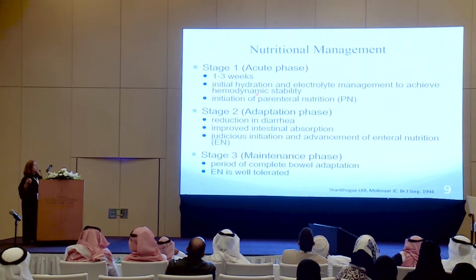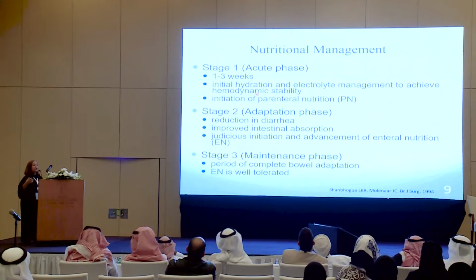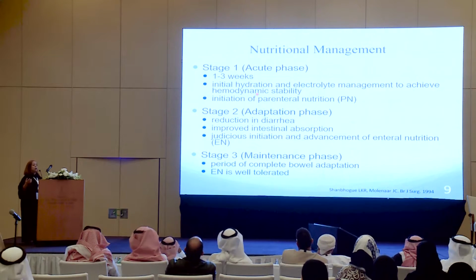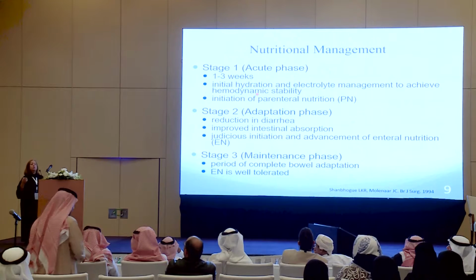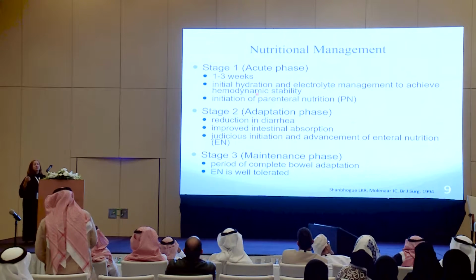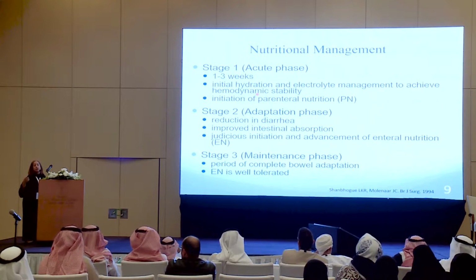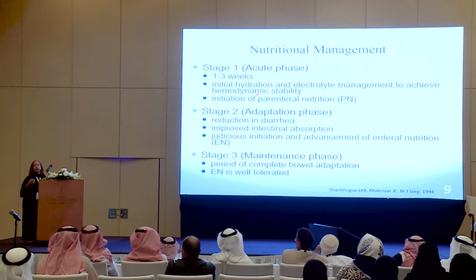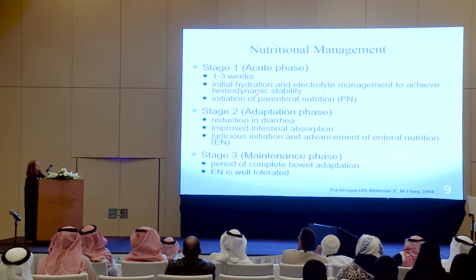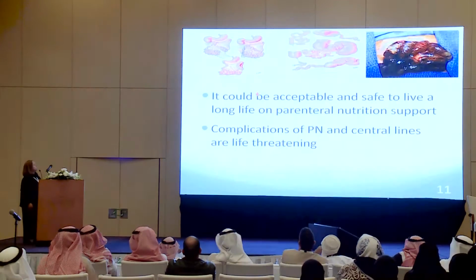And phase 3 is the patient that came off TPN and has total enteral autonomy, but that patient still should be a patient of a gastroenterologist, because anything that happens to that intestine, even a small virus or a small diarrhea, that patient might need parenteral support. It's important to keep that in mind.